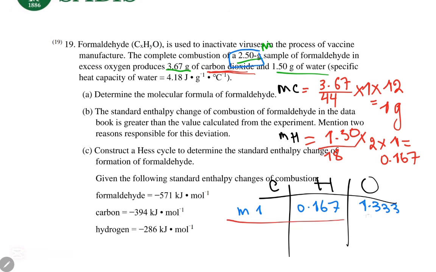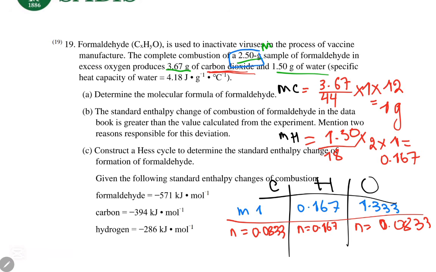Next step, I'm going to find the number of moles, so mass over molar mass. For carbon, it's 1 over 12, that's going to be 0.083. For hydrogen, it's going to be 0.167 divided by 1, which is 0.167. For oxygen, it's going to be 1.3333 divided by 16, which is also 0.0833.